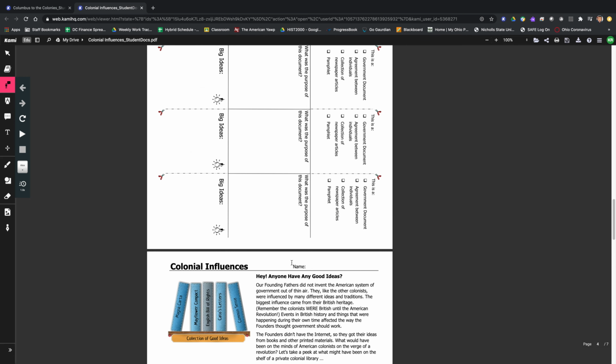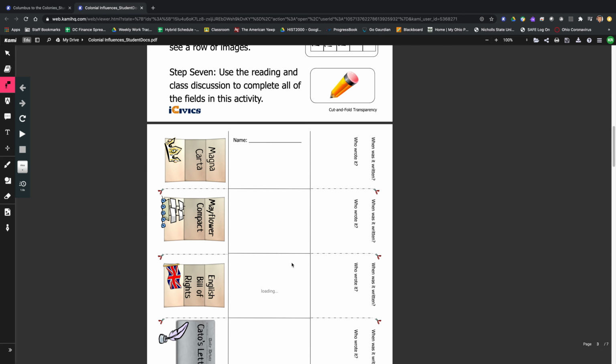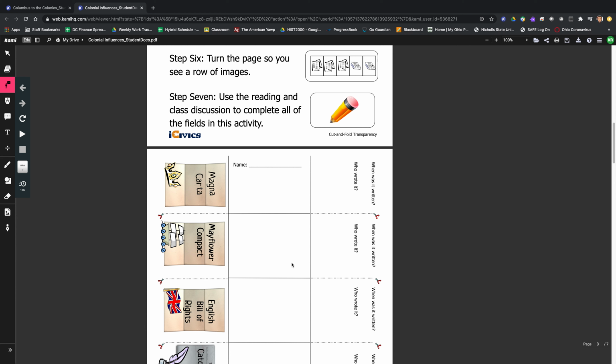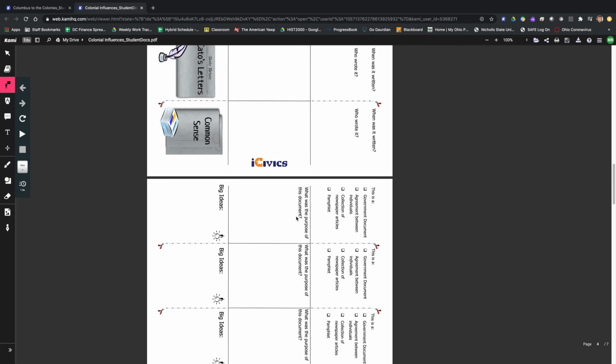Now, there's an extra activity that you can do if you would like, and I would love to see you all do this. I would love to see you maybe take a picture of this and post it on Google Classroom or show it to me in a Google Meet after school. In class, we are also going to be creating these flip books.